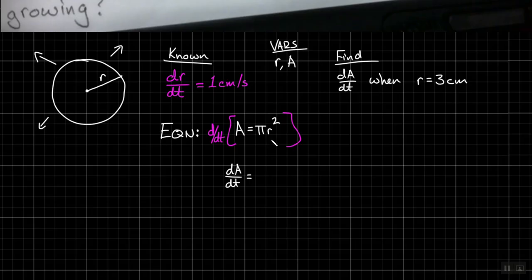Okay, equals, what's the constant multiple here? Pi, and can you tell me why I left a little awkward space in front of it? What's the derivative of r squared? So 2r, r prime, or 2r dr dt. I'm going to put the 2 here. I'm going to put the r here in dr dt.